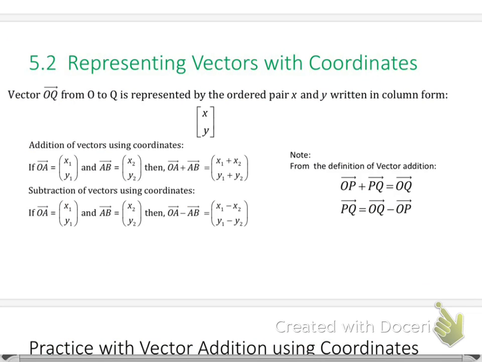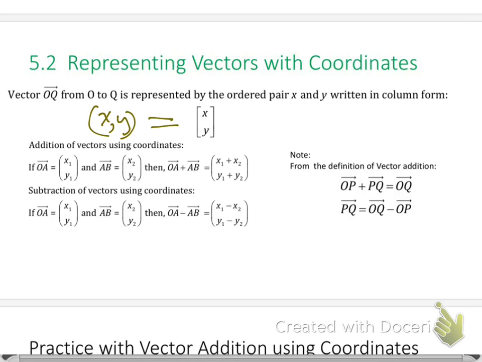Okay, in this slide, they're starting to make a connection between vectors and matrices, but they don't tell you that yet. So they're telling you that you can represent your vector instead of, like we've been doing it before, x comma y. Let me back up. X comma y.